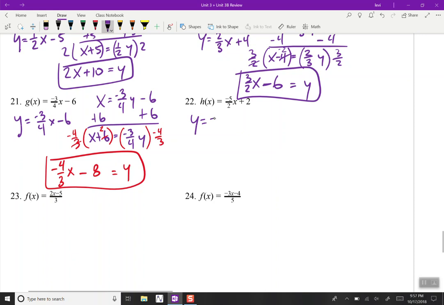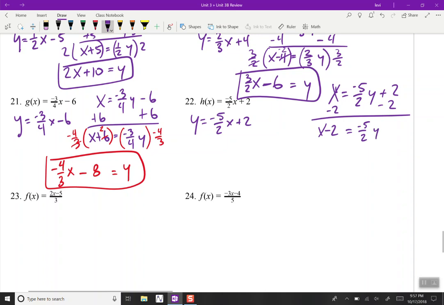Y equals -5/2 x plus 2. We'll rewrite that as x equals -5/2 y plus 2. Subtract 2. X minus 2 equals -5/2 y. What's going to undo that?